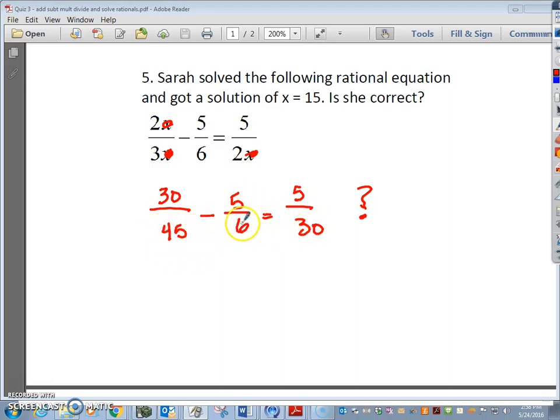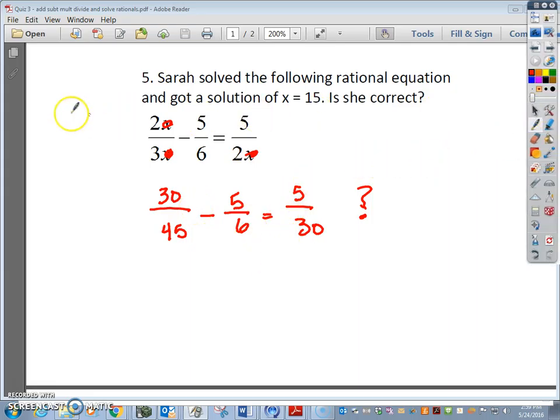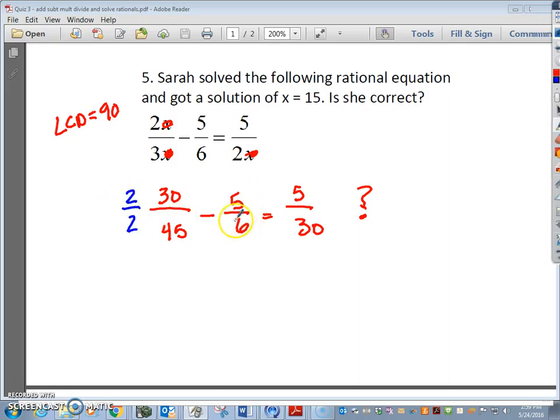So can I turn a 6 into a 45? Let's see, 45 divided by 6. I cannot. What about 90 divided by 6? Yes, I can. Okay, so if I make the LCD 90, all I have to do here is 2 times 2. This one is going to be 90 divided by 6 is 15. 15 over 15.